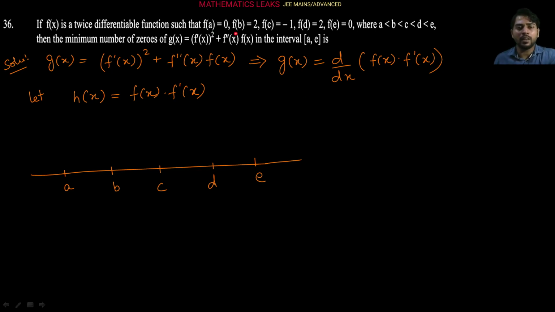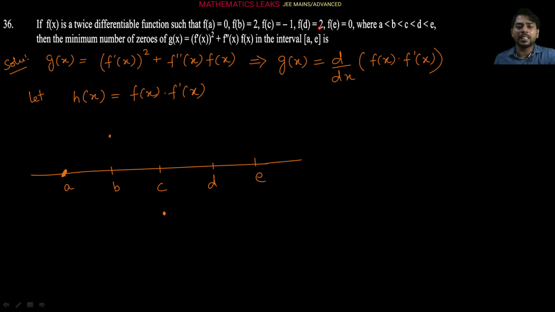So f(a) will be 0, and at b the functional value will be plus 2, above the x-axis. At point c its value will be minus 1, below the x-axis.